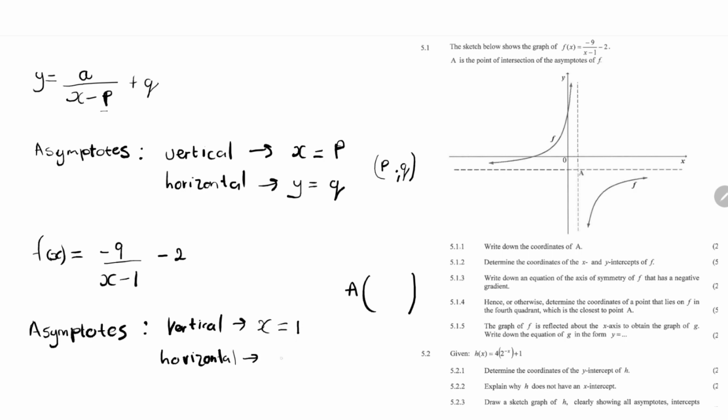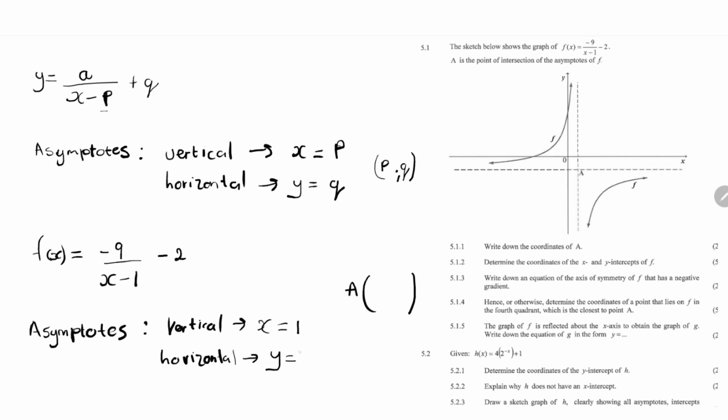And then here we should have the horizontal asymptote. And that will be given by y equal to, let us go back to the standard form, y was equal to q here. And the position of q in this standard form is over here. So in this case, we have a -2 in that position.